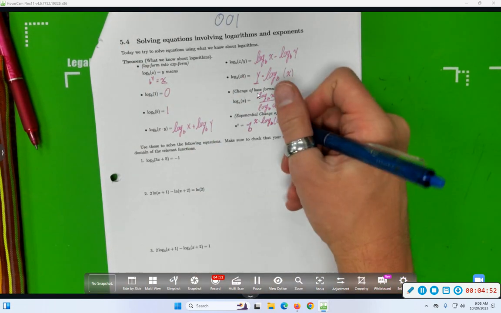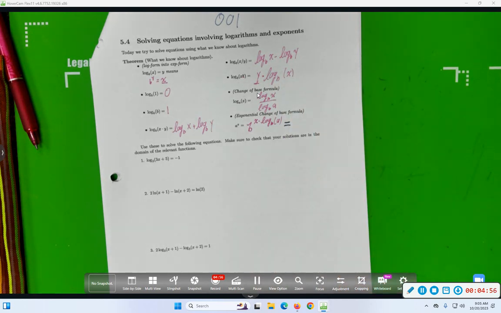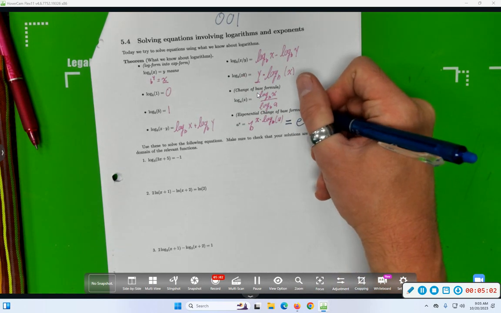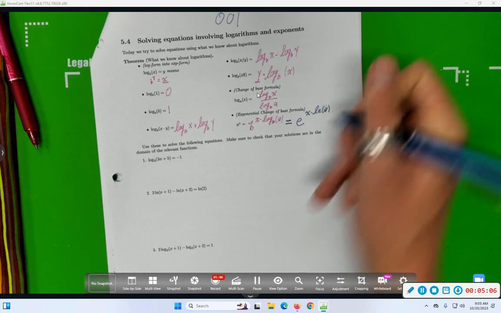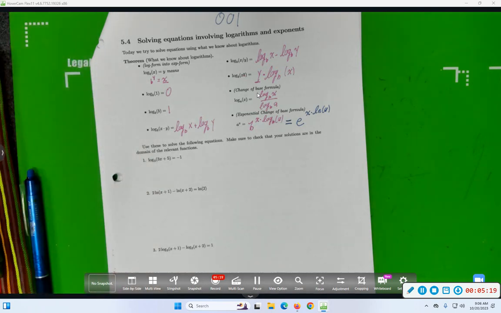And in particular, as you start studying calculus next semester, this will be particularly important for the natural exponential. So the thing I wrote in blue is exactly that. I just took b to be e.